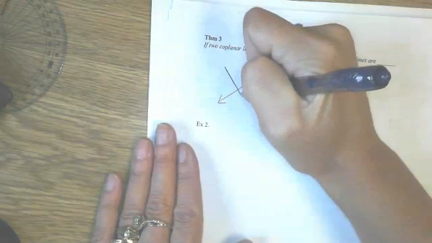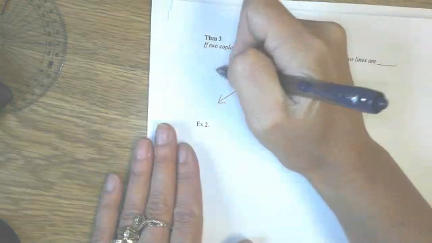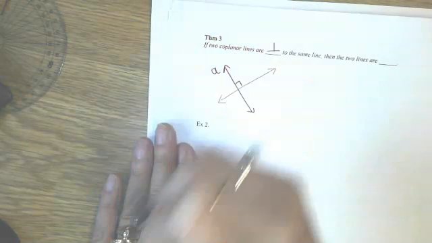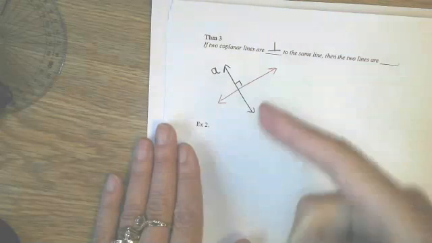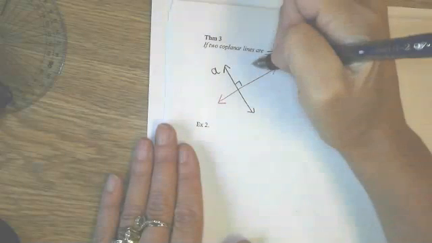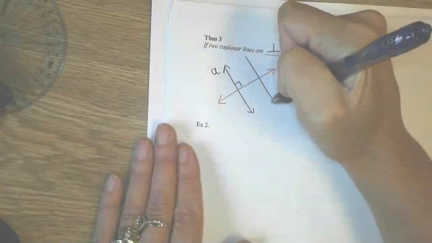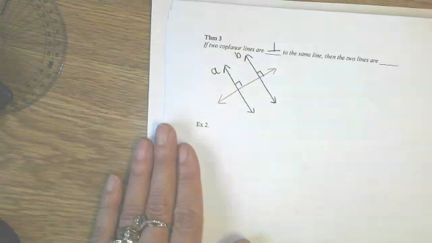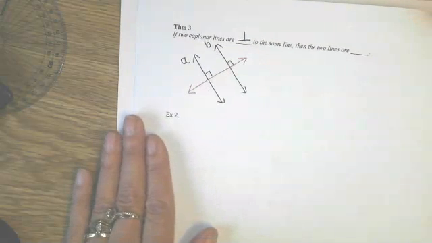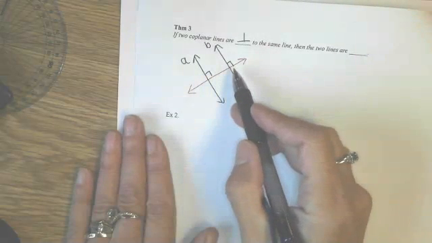So here's line A. It's perpendicular to that red line. Now I've got a second line also perpendicular to that red line. It's asking for the relationship between the two lines A and B. Do you agree that A and B would have to run parallel?